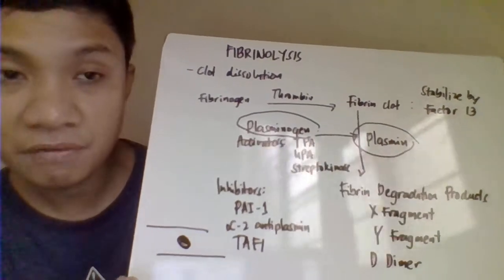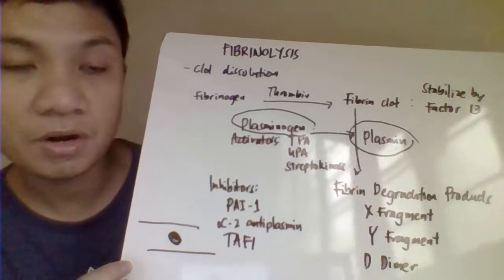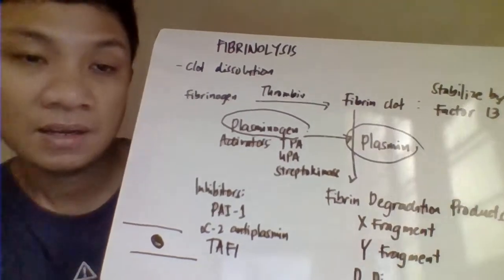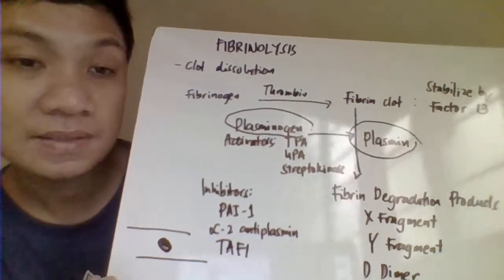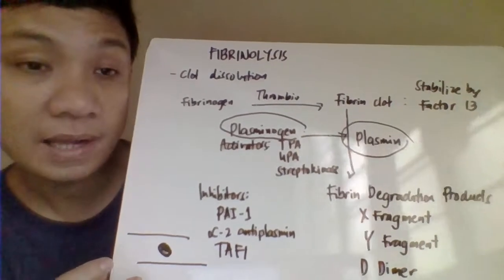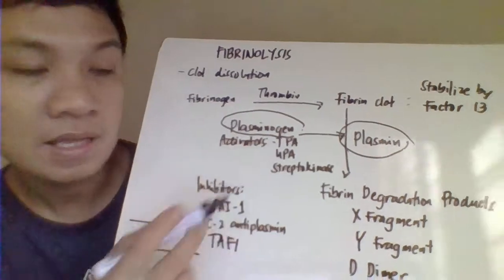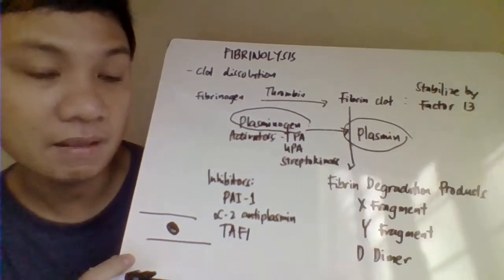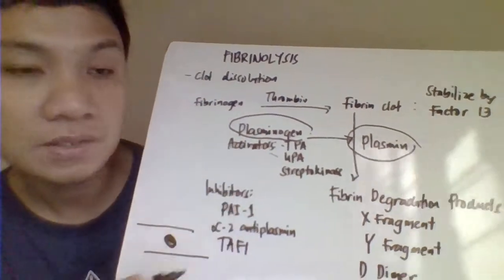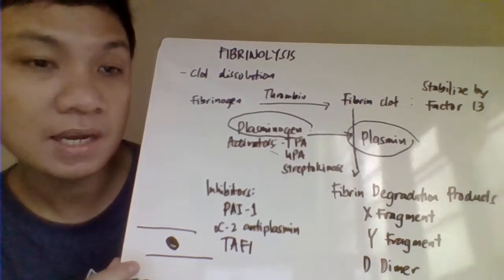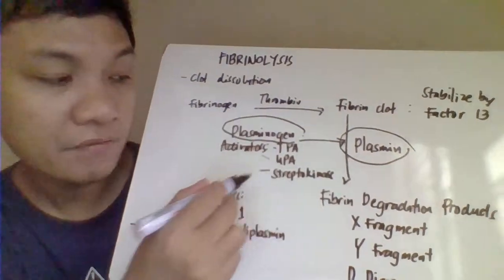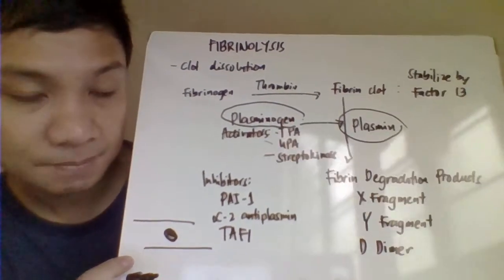In order for you to convert your plasminogen to your plasmin, the active na proteolytic enzyme, you need to activate it first. Our activators for that include your tPA, tissue plasminogen activator, uPA, your urokinase plasminogen activator. You could also have your streptokinase.